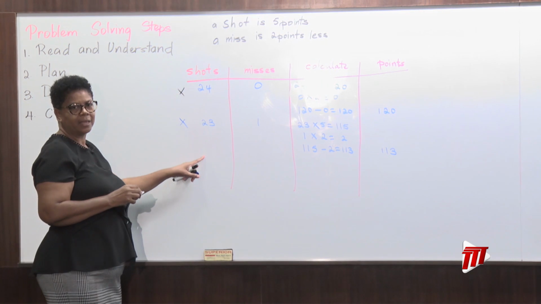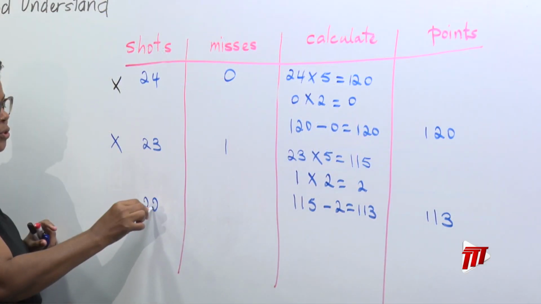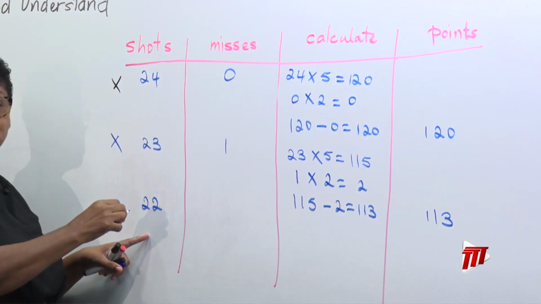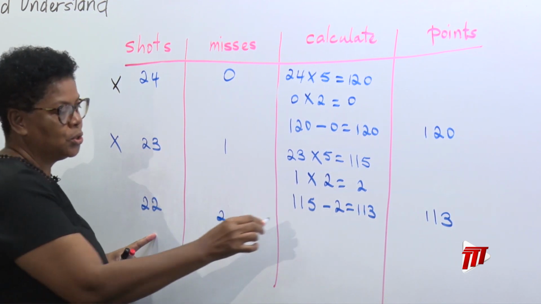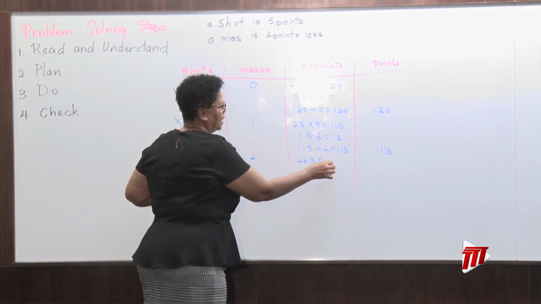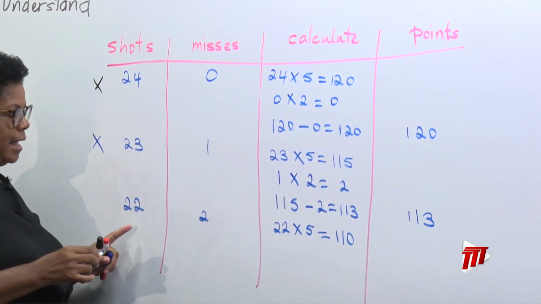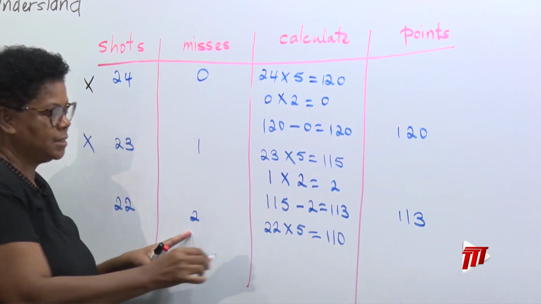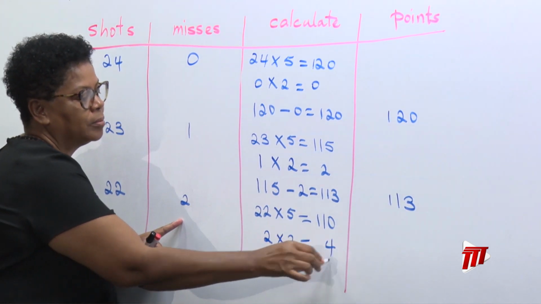We are going to try 22. So it meant that she would have scored 22 shots. And if she scored 22 shots, she would have missed 2. So we're going to multiply 22 by 5, and that will be 110. And to find out how many points less, it would be 2 multiplied by 2, and that would be 4.